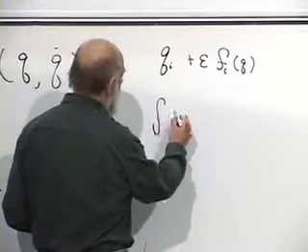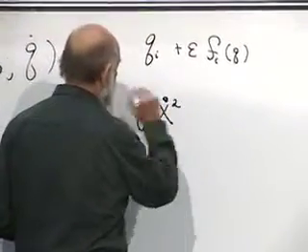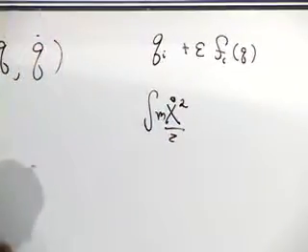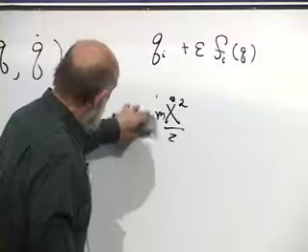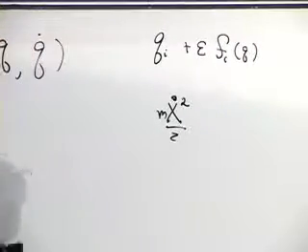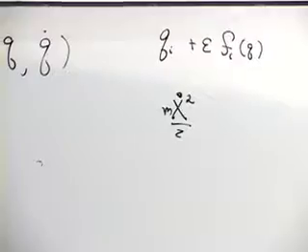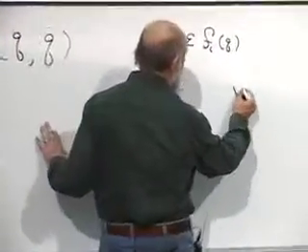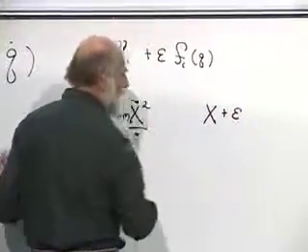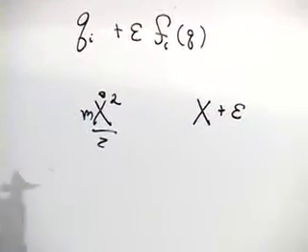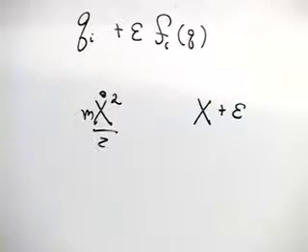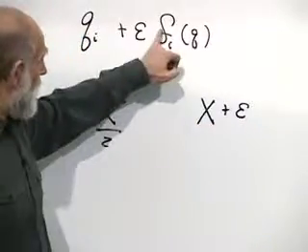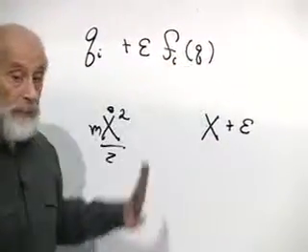Let me give you an example, or a couple of examples. Kinetic energy of a free particle, m x dot squared over 2. Forget the integral. That's the Lagrangian. Is there a transformation that I can do that won't change the Lagrangian? Yes. Just take x and add a small displacement to it. This just corresponds to displacing your system a little bit. Incidentally, these f's are not supposed to depend on time.